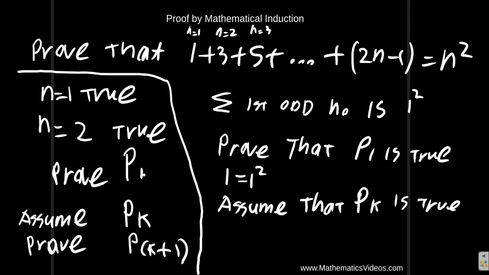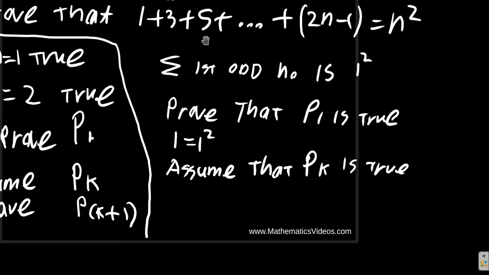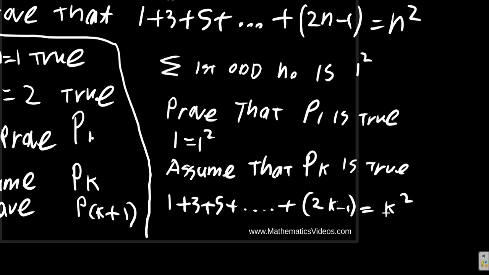Now, if you assume that Pk is true, you could very well substitute k for n in the problem you are given: 1 plus 3 plus 5 plus, and so on and so forth, plus 2k minus 1 is equal to k squared.